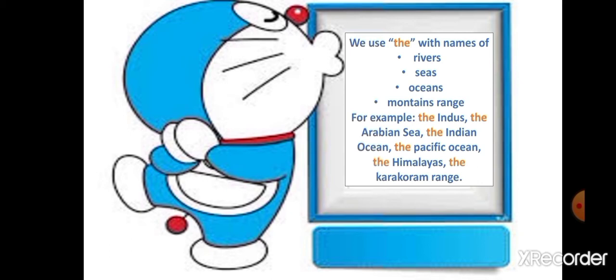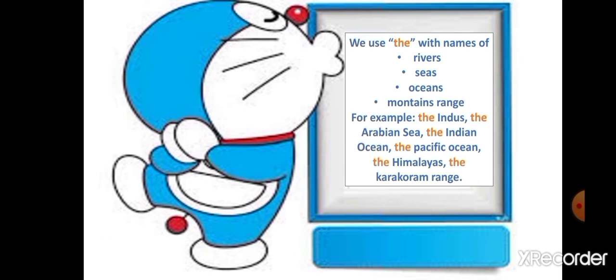So we will put the before the names of rivers, seas, and oceans, and furthermore before the names of mountain ranges. But you have to keep this in mind, that you will use the only when there is a mountain range, not for a single mountain.